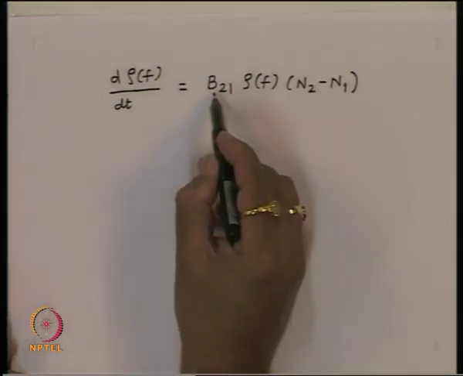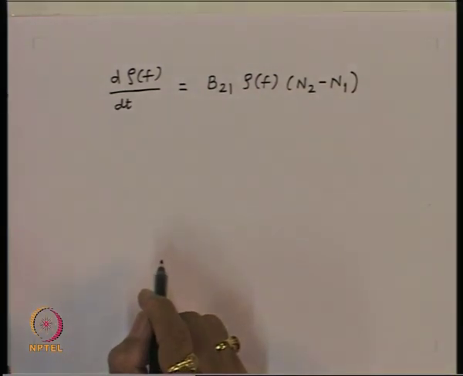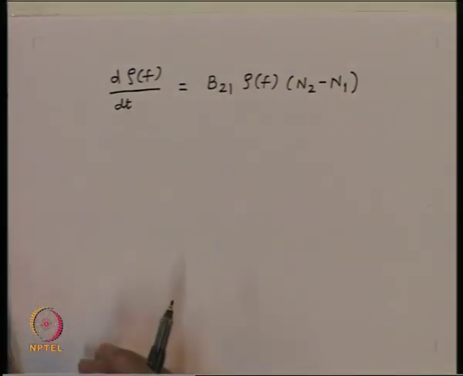Knowing the relation between P21 and A21, and A21 is 1 upon the spontaneous lifetime.